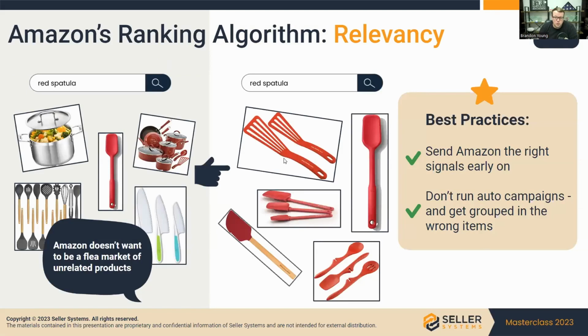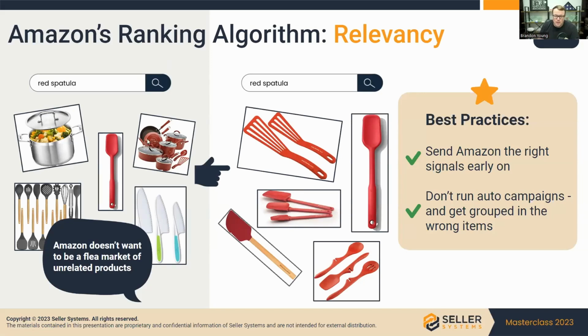Now, relevancy is super important, and we want you to understand why. Amazon doesn't want to be a flea market of unrelated products. If you search for red spatula, you should get these results. You shouldn't get a whole bunch of sets that happen to have a red spatula in them.